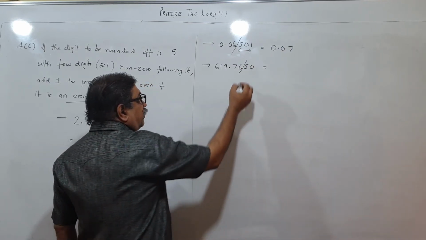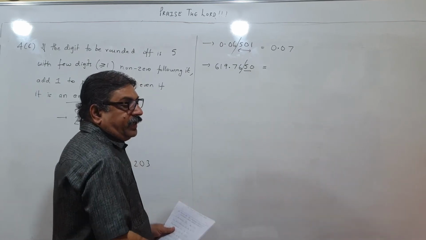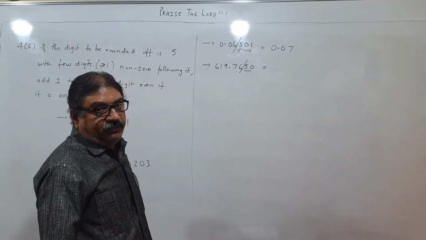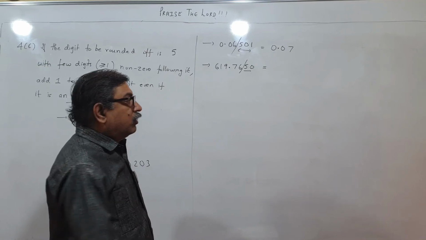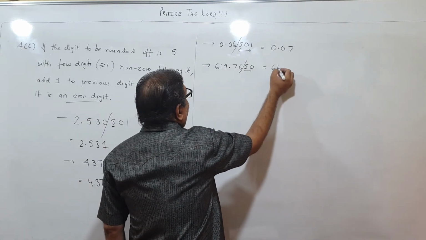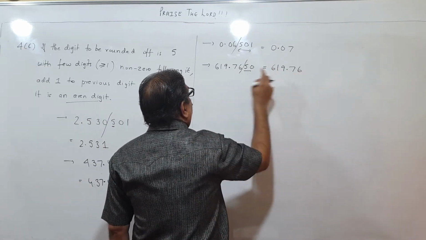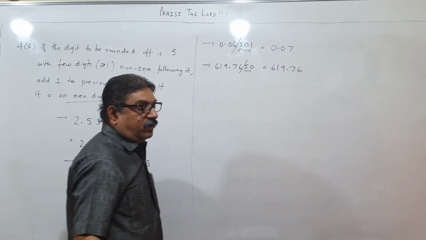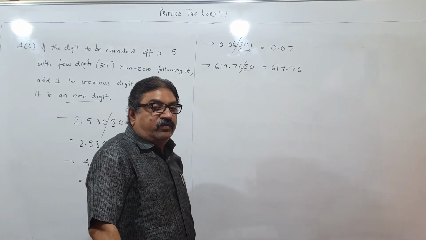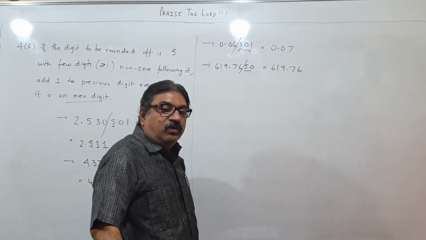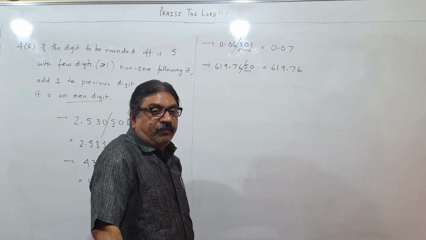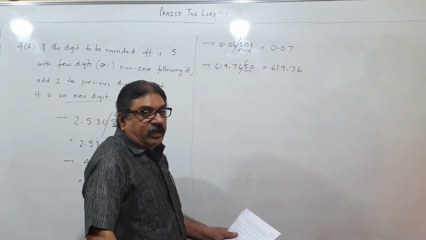Now these 2 digits are to be rounded off, and after 5 there are all zeros. So this will be 619.76. Now we won't add 1 to 5 because the digit to be rounded off is 5 and it does not have any non-zero digits following it, and therefore it becomes 619.76.